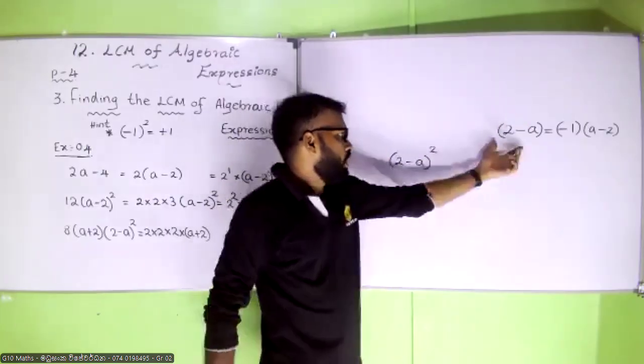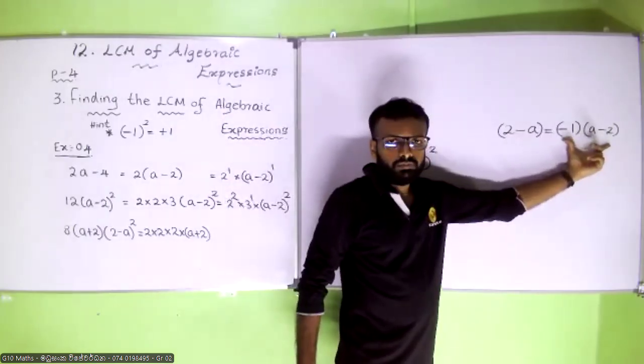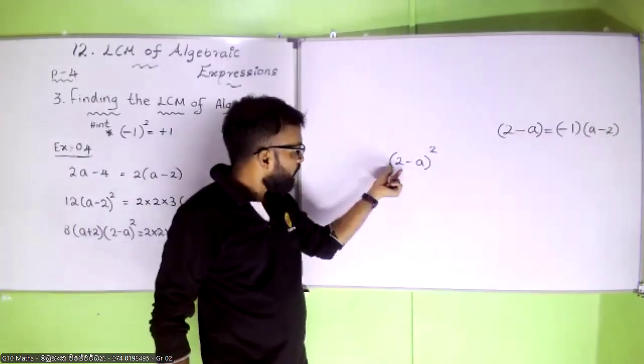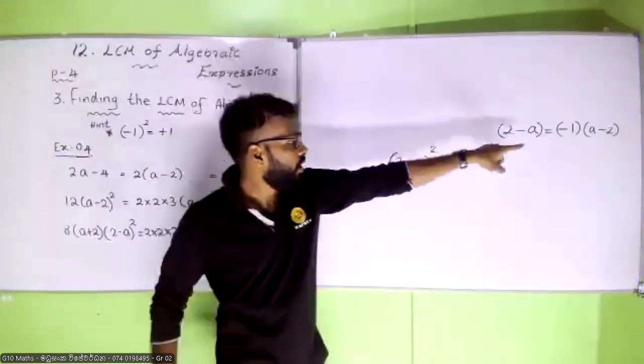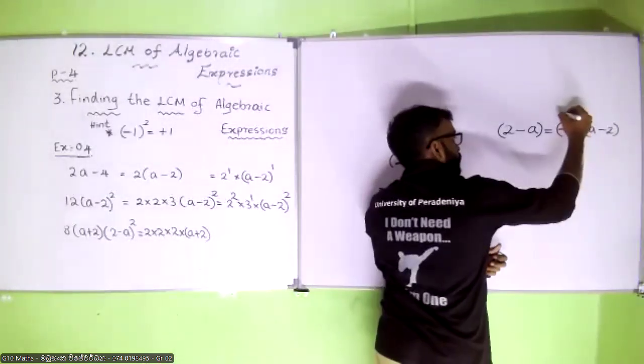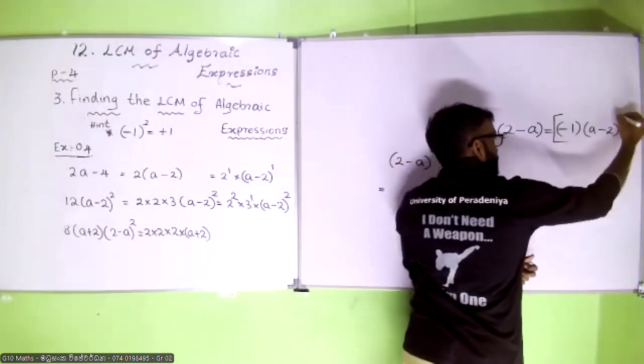Right. Okay. 2 minus a is this many more. But here we have 2 minus a, whole thing to the power 2. So the whole thing means this many more, the complete one.